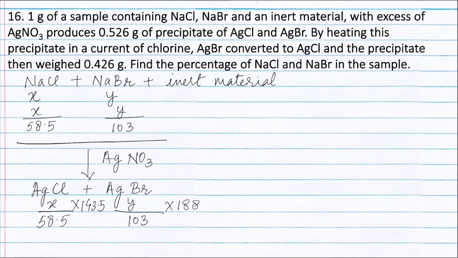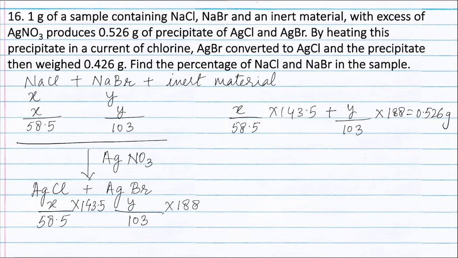Therefore, we can write x divided by 58.5 into 143.5 plus y divided by 103 into 188 is equal to 0.526 gram.